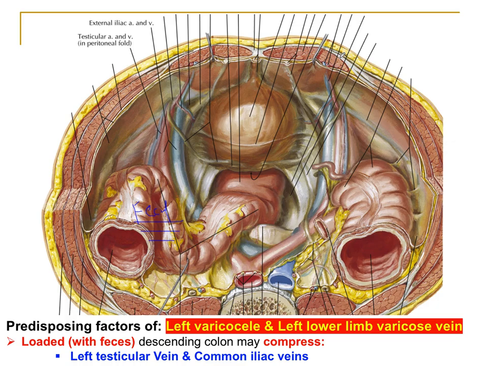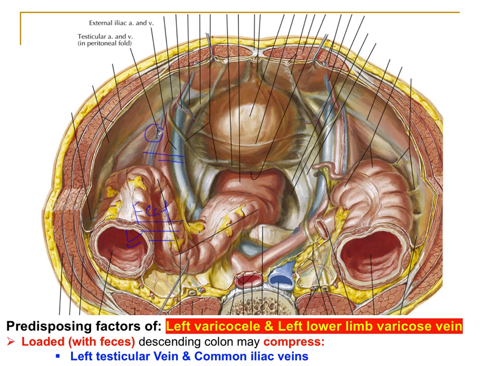In such a condition there will be an absence of peristalsis in this region. At that time, if this area is loaded with feces, it might compress these structures: the external iliac vein and arteries and the testicular arteries.